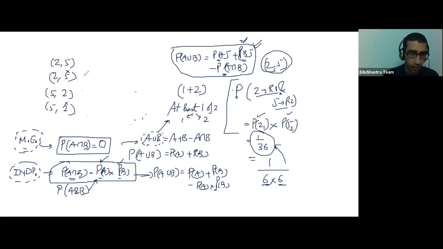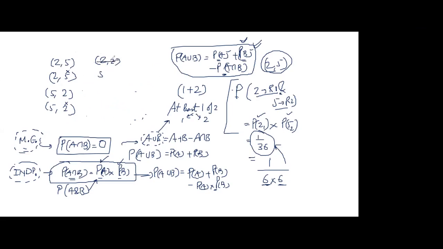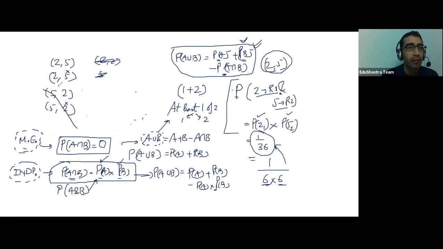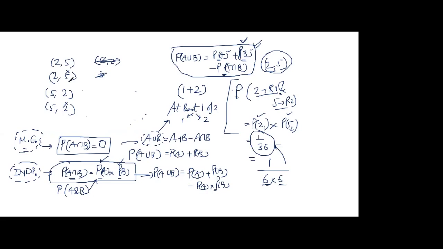I think that is it. Oh no, there are more. Getting 2 on dice 1, getting 2 on dice 2. Not getting 5 on dice 2 already includes 2. So these would be 4 cases.